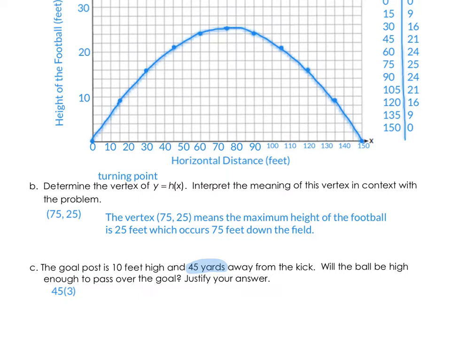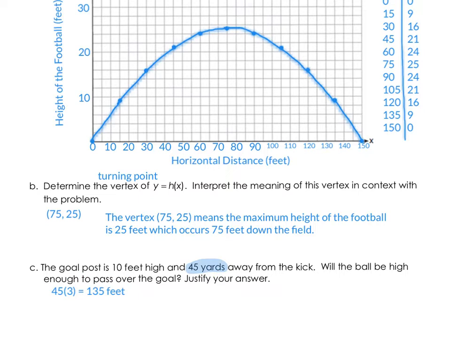I could set up a whole conversion, but I know that there's just 3 feet in every yard, so 45 times 3 will tell me how many feet that is. You could write it out with units and everything, actually performing the conversion, but most people are able to just do the 45 times the 3 knowing that piece of information. So it's 135 feet down the field.